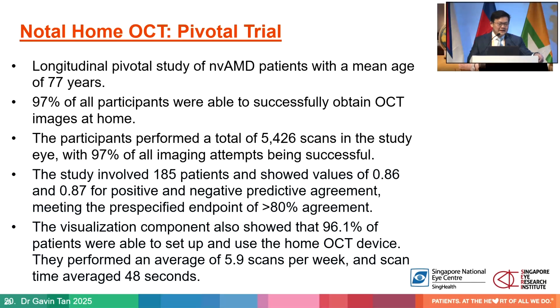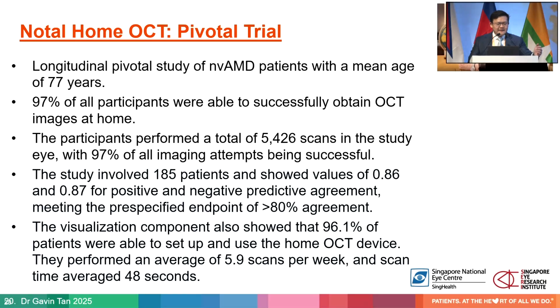The most mature device is the Notal device. In their pivotal trial, they looked at patients with a mean age of 77 years, and they found that 97%, again, clinical trial cohorts are very selective for the smartest, most compliant patients, but 97% could obtain successful scans.